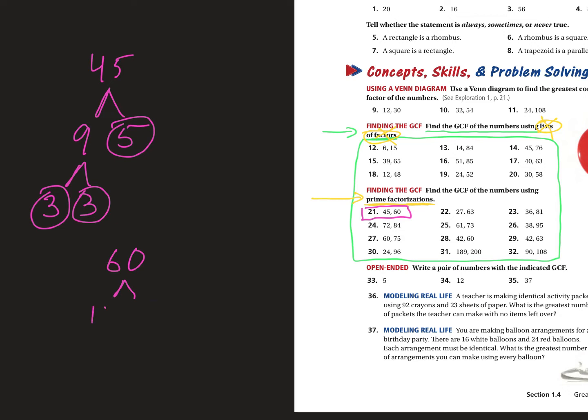So let's do 10 times 6, 3 times 2, 5 times 2. So there are my prime factors for the number 60. Okay? Now, that's what we did in section 1.3.